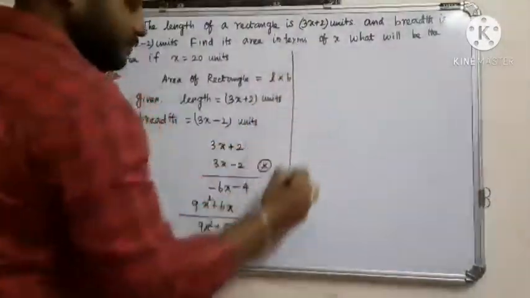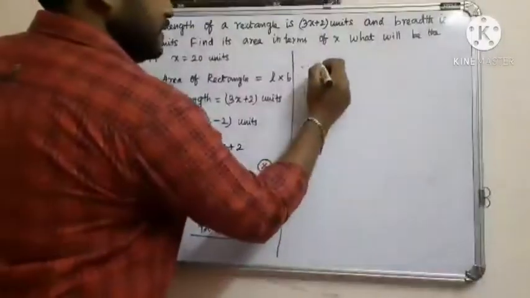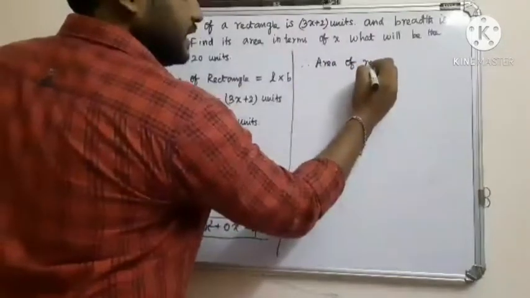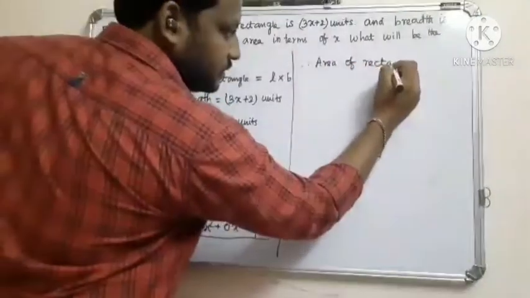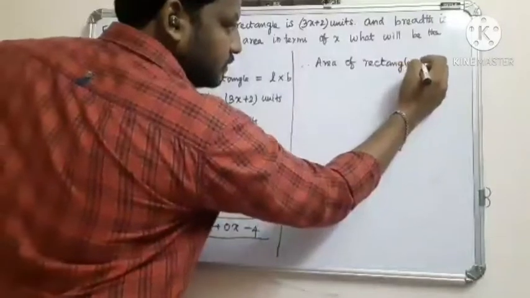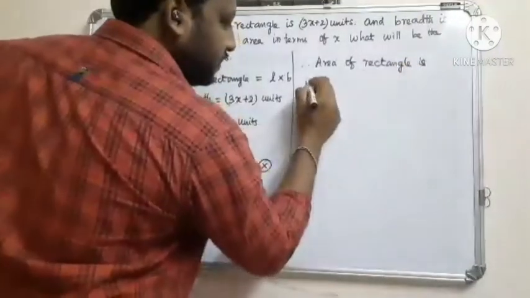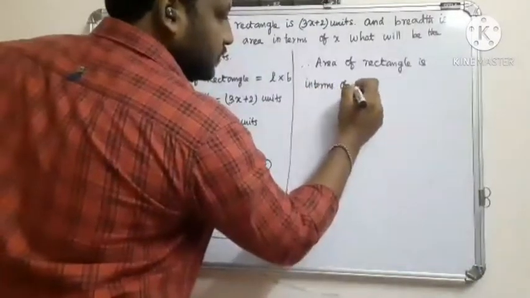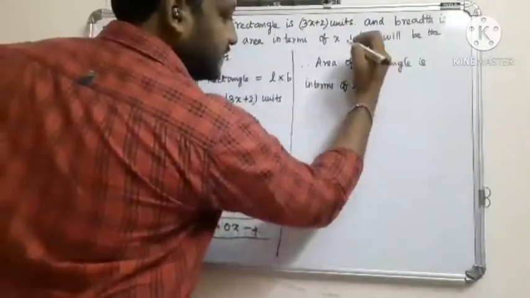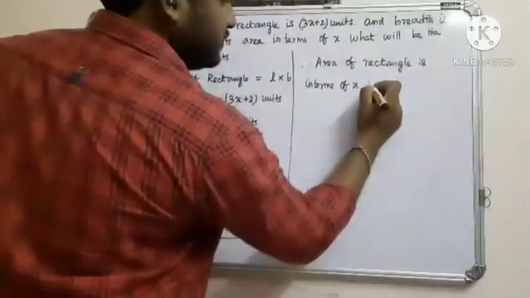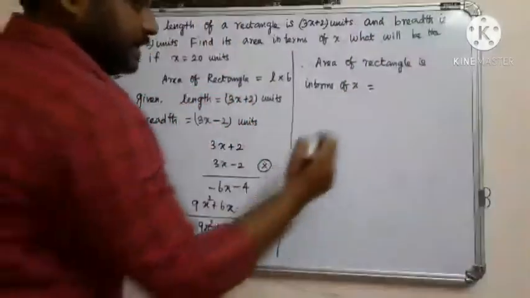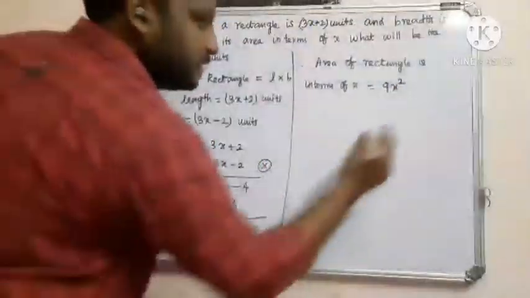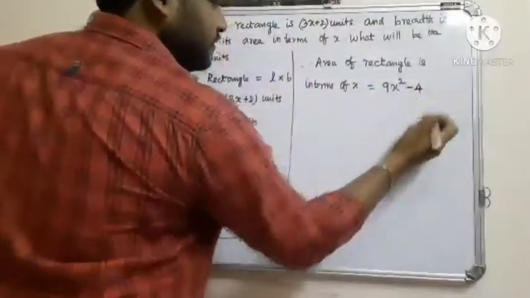So therefore, the area of rectangle in terms of x is equal to 9x square plus 0x, no need to write, minus 4.